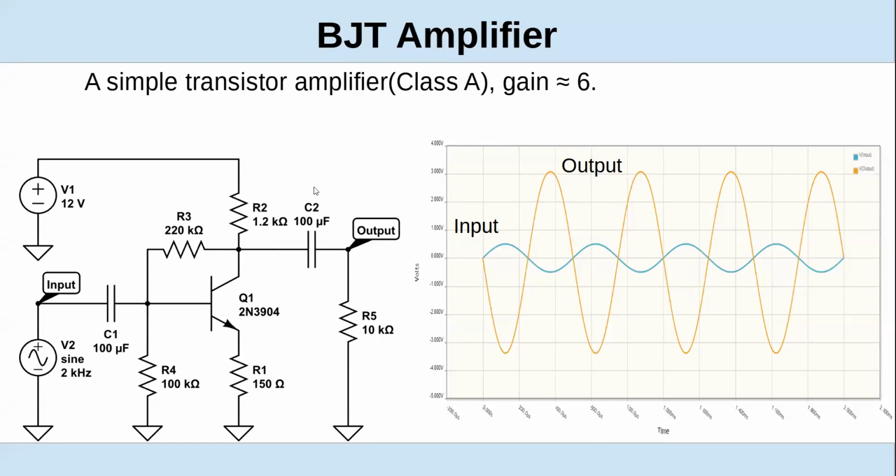a class A that I threw together, and it actually seems to work. Been a long time since I designed an amplifier. It's set up for a gain of 6, and you can see the input waveform versus the output waveform. You notice there's a 180-degree phase shift, which is fairly typical, but there's no distortion that you can see.